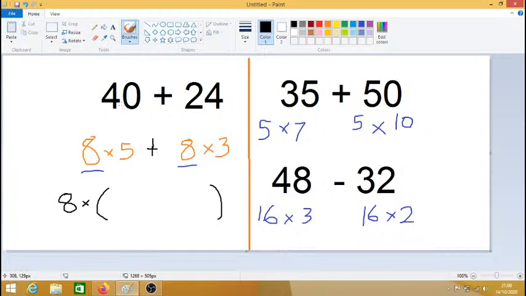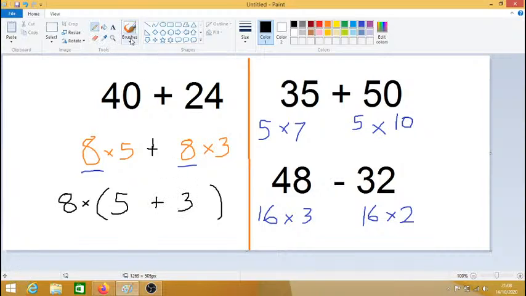So we can say that 40 plus 24, because I recognize that 8 is a common factor of the 40 and the 24, I can rewrite that same question as 8 times 5 and 8 times 3, or more succinctly, more elegantly, a lot nicer, I can write it as 8 times, in brackets, 5 plus 3.